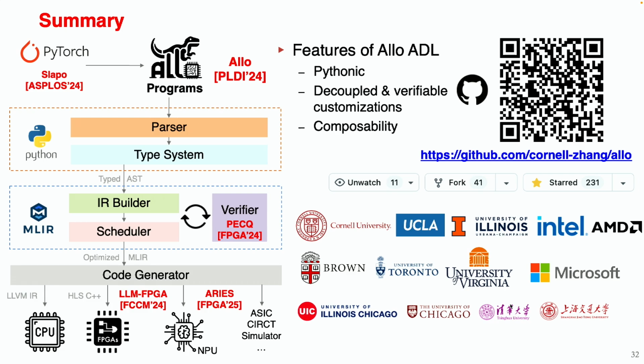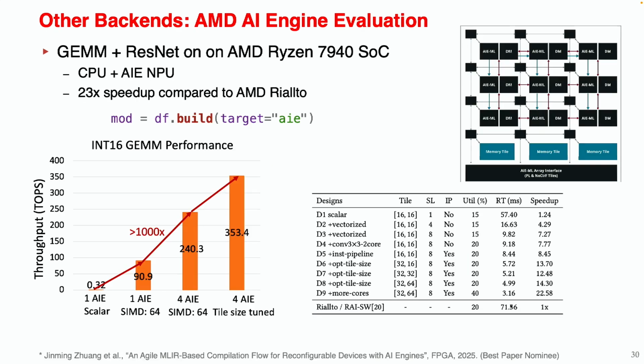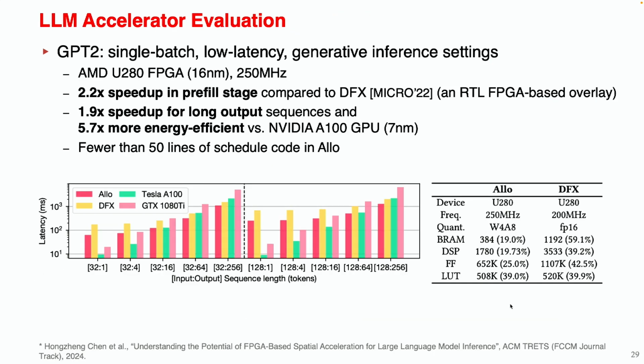I want to see the hardware. What is your cost on area and resources? Yeah, so actually we also show this comparison here, and also in our paper, there are some detailed comparisons with this Allo-generated accelerator and also compared to other RTL-based accelerators.